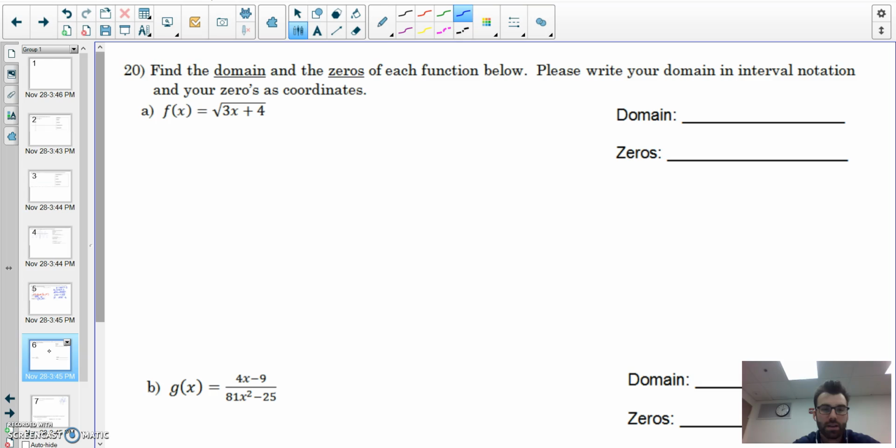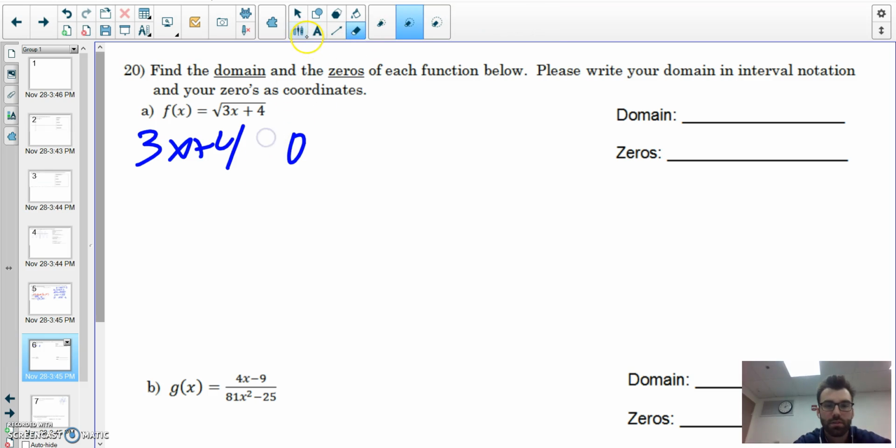All right. Next, I want to find the domain and zeros of each function and place our domain in interval notation. All right, so the domain, remember, when I take the square root of a number, I cannot take the square root of a negative number. It must be greater than or equal to 0. All right, so our number must be positive.